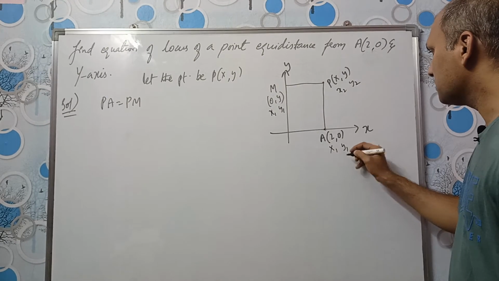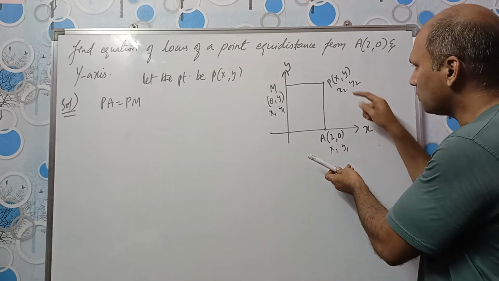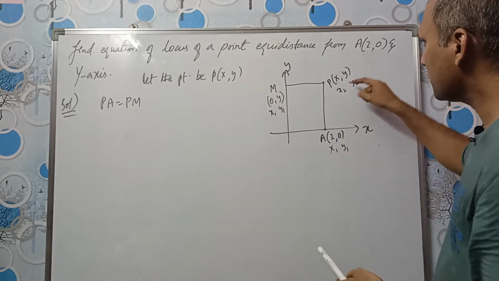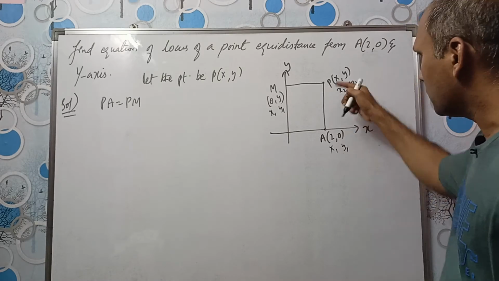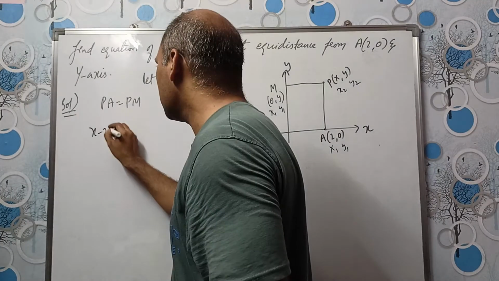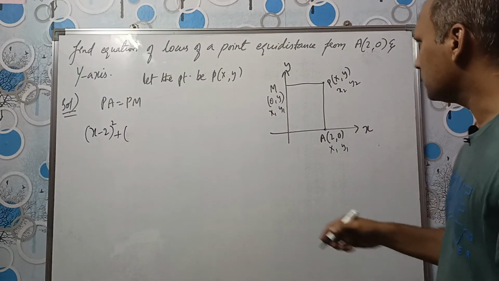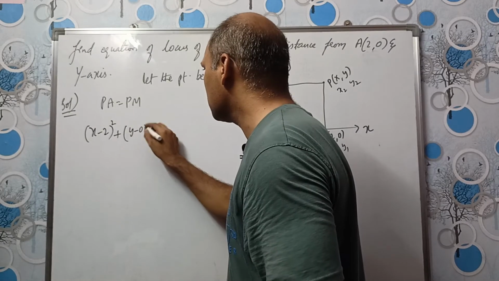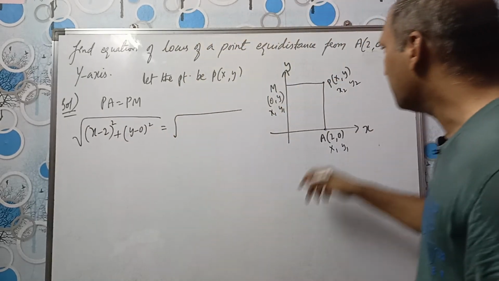Let this be (x1, y1), this is (x2, y2). We know the distance between 2 points formula is the root of (x2 minus x1) whole square plus (y2 minus y1) whole square. So x2 minus x1 is x minus 2, so this is (x minus 2) whole square plus (y minus 0) whole square inside the root, is equal to PM.